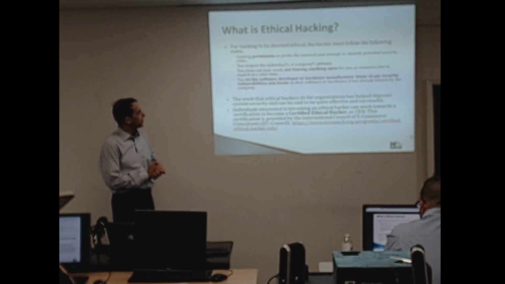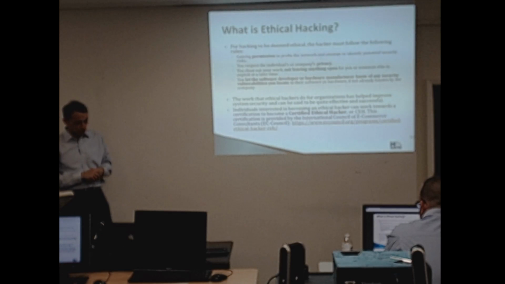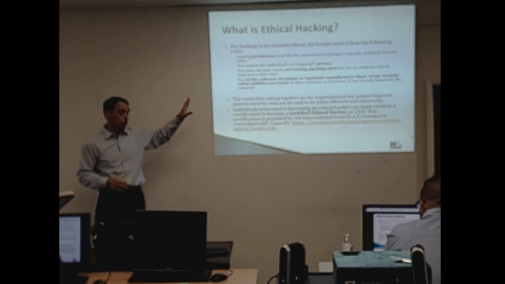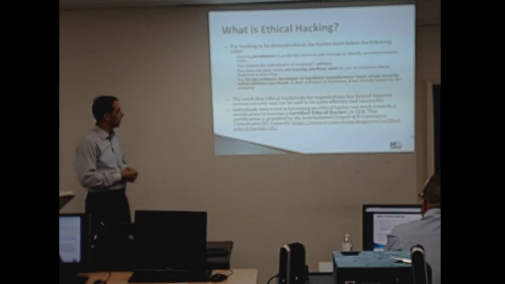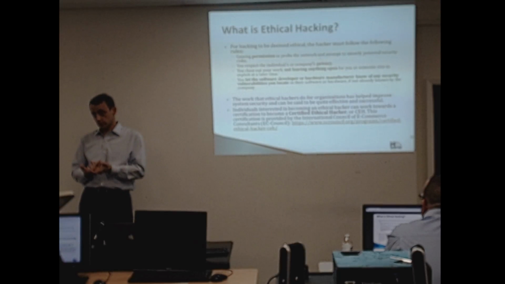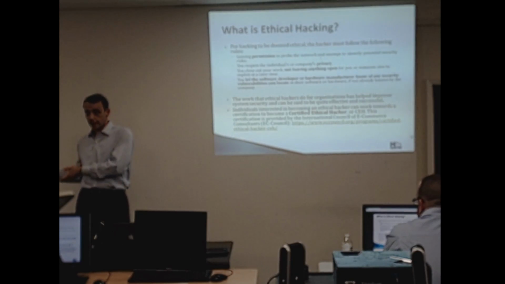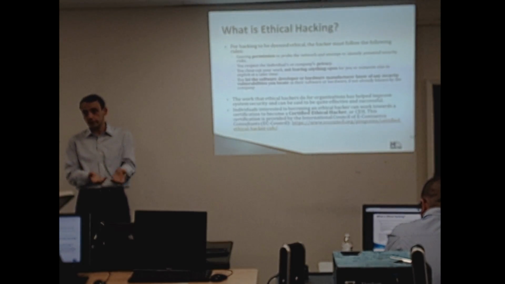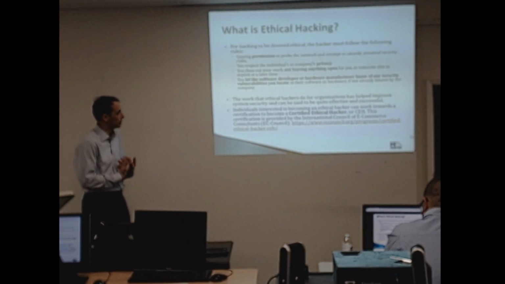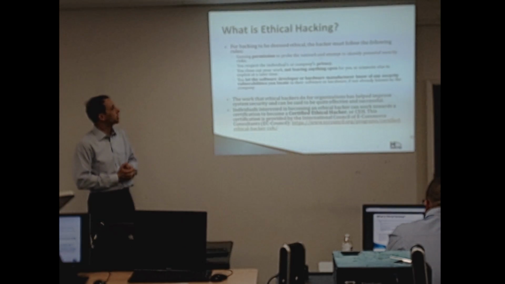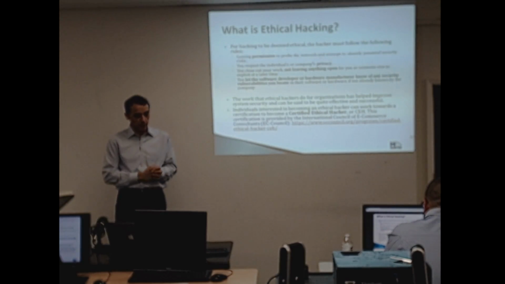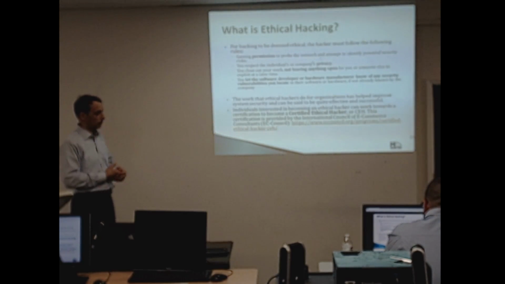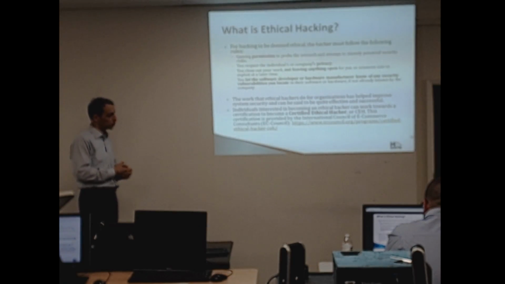Now let's talk about ethical hacking. There are certain prerequisites, and by the way, there is a certification for ethical hacking as well. But what are the prerequisites? First of all, you need to gain permission to ethically hack something. You have to ask if you can do that, right? So you have to get permission. Second, you have to preserve privacy, not put everything you find out for the whole world to know.